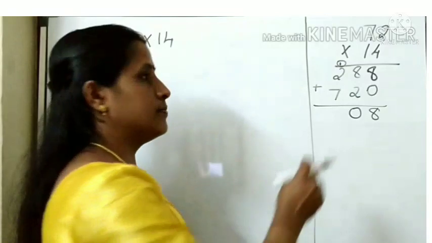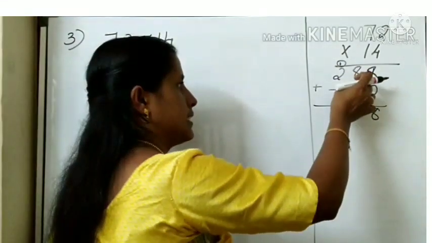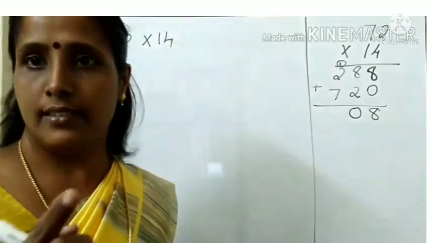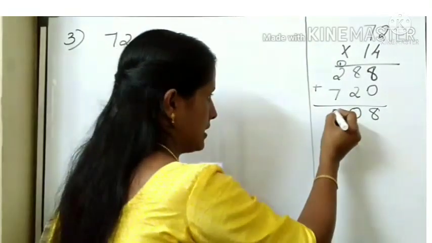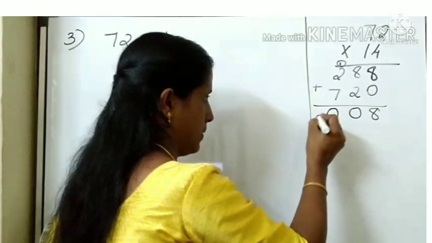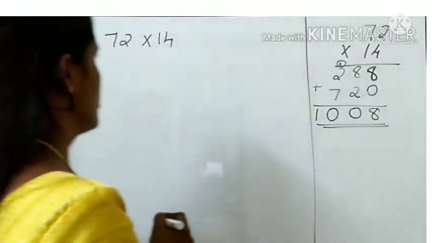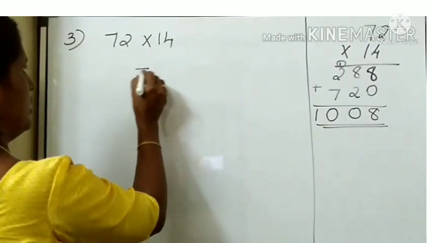Okay? Then 7 plus 2, 9. 9 plus 1, 10. 0 is written on the 100 place and 1 is written on the 1000 place. So, the product of 72 into 14 is 1008.